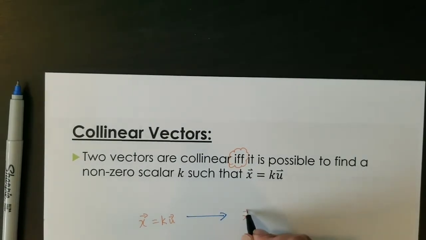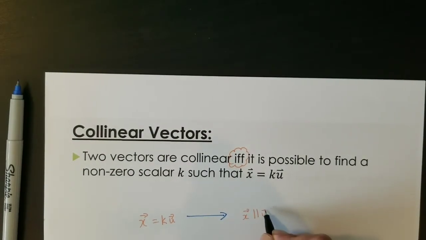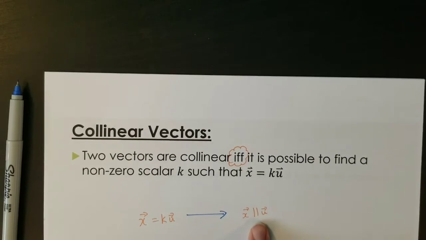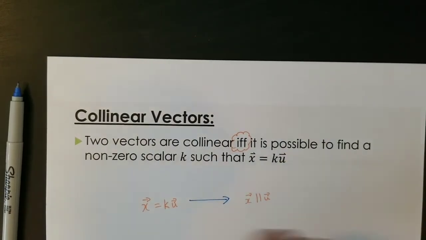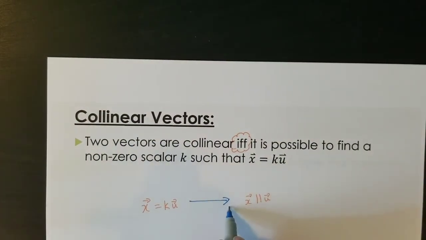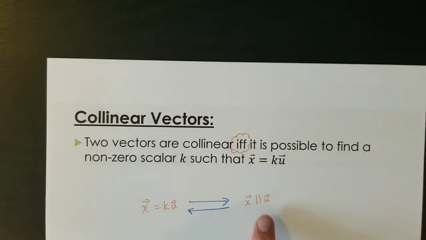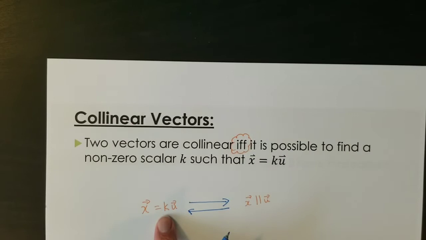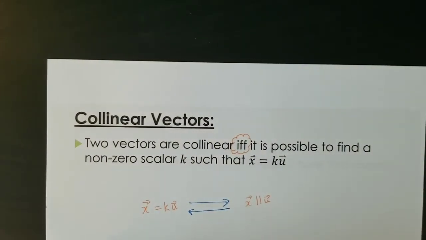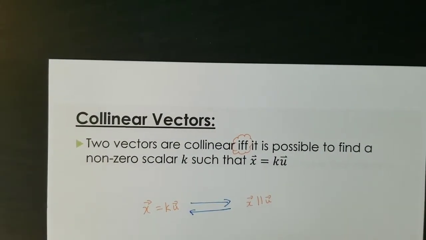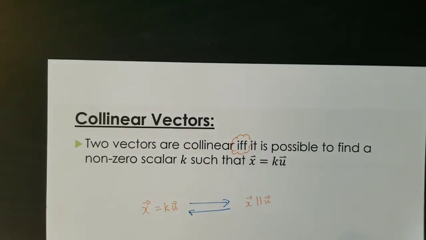And remember our notation for that with the two parallel lines. But this is true in both directions. If we see two vectors that are parallel, we know that there must be a k value where you can take one vector and multiply it by a k value and get the other vector. That's true in both directions.